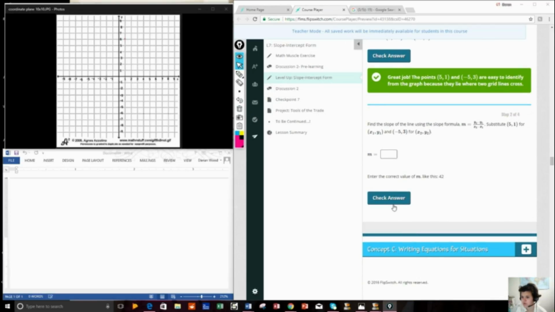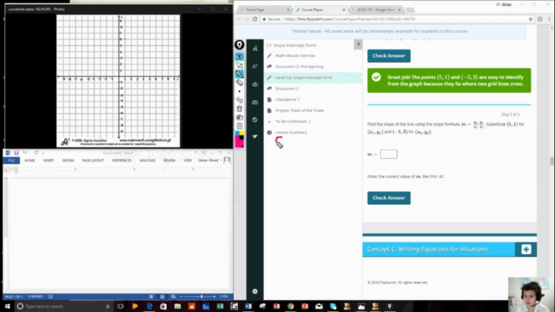Okay, find the slope of the line using the slope formula and substitute the coordinates 5, 1 for x1, y1 and -5, 3 for x2, y2. Okay, I'm going to challenge this and ask the question, well, what if I just went through this and I didn't substitute? What if I substituted the other way?